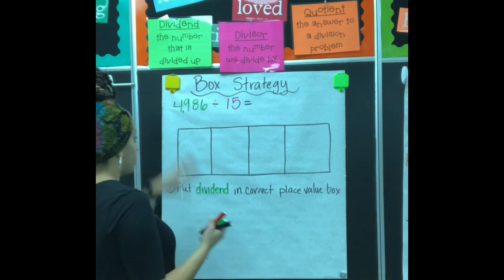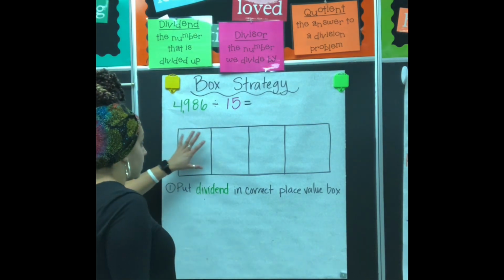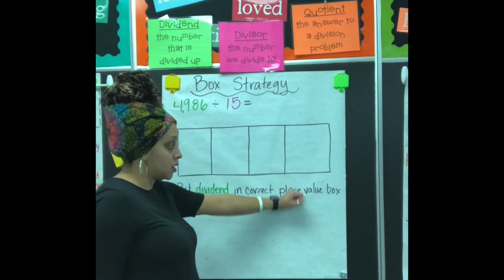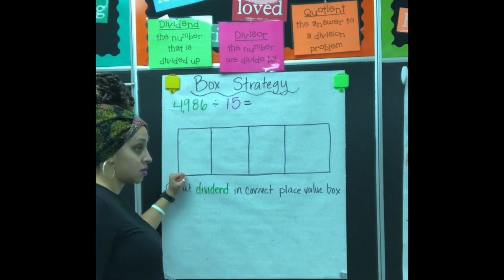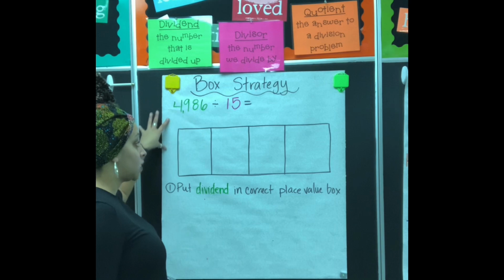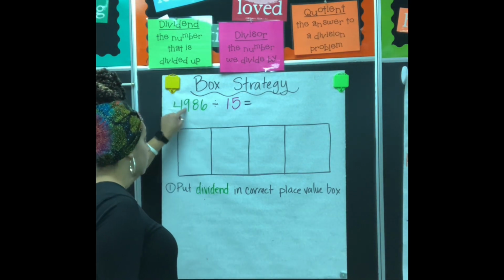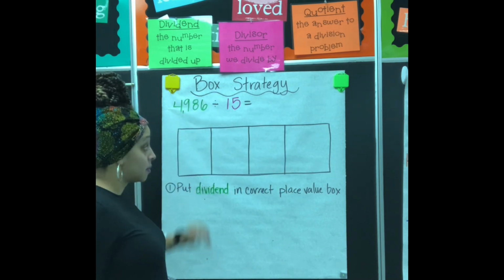Well, this number doesn't have a decimal. It does after the 6, but it doesn't show. So if it did, the decimal would be over here. This would represent the ones place, the tens place, the hundreds place, and the thousands place. If this number had 5 digits, we'd have the 10,000s place, okay? So we're going to put this number in the correct place value. The ones place is going to be a 6.